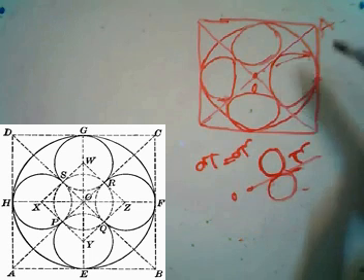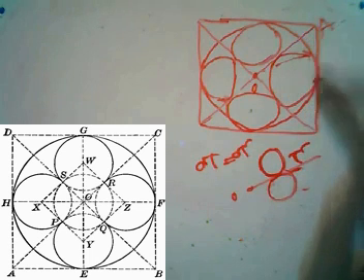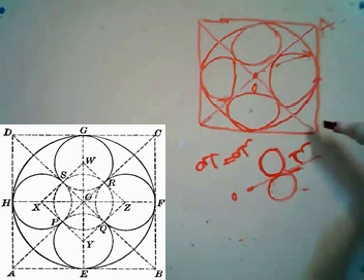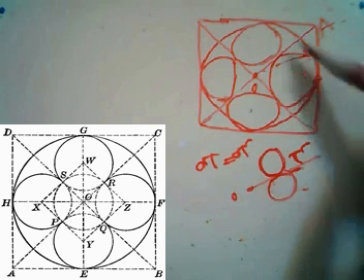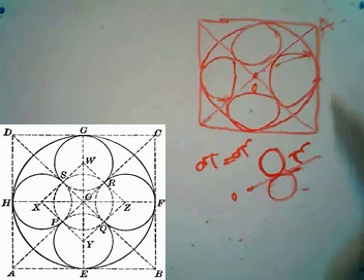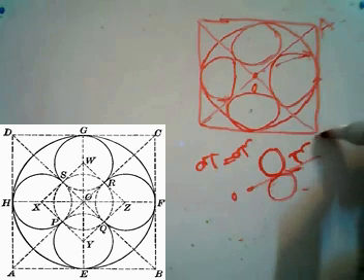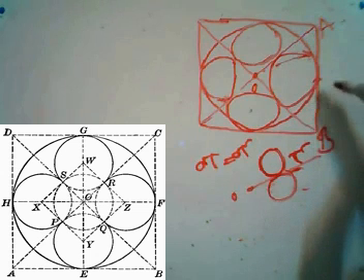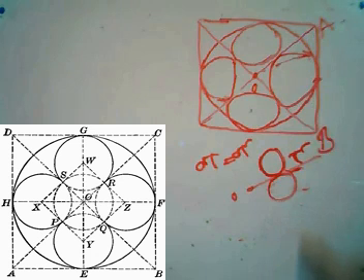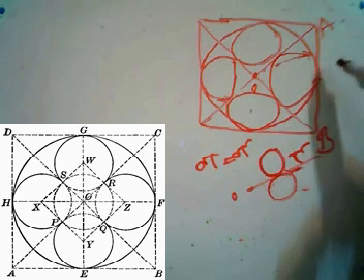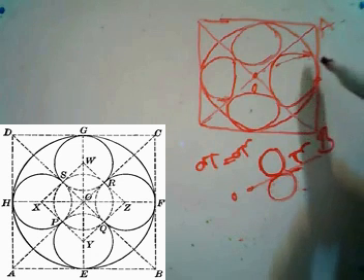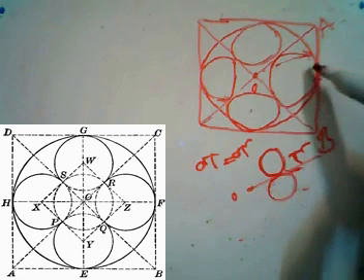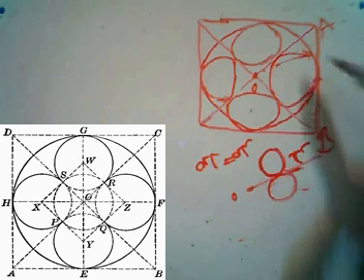and since this is the circumscribed square to the big circle, AB is tangent to the big circle here. Also, AB is tangent to this circle because it is the inscribed circle of this triangle.